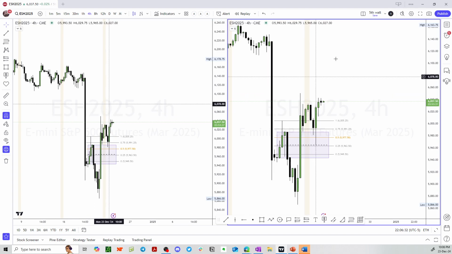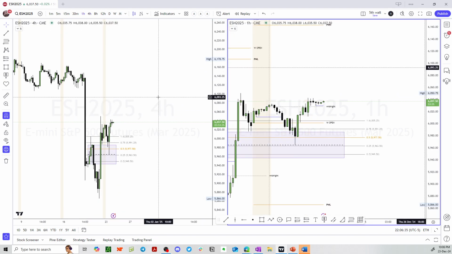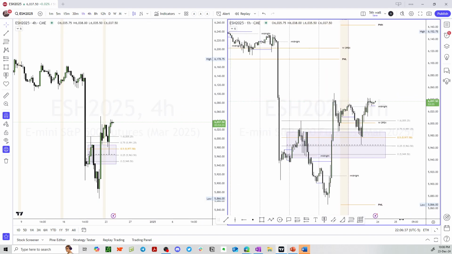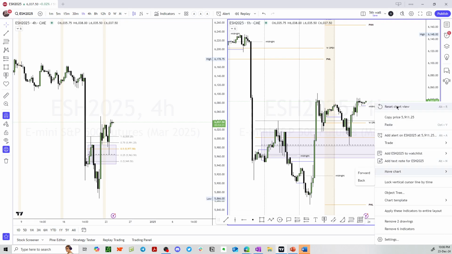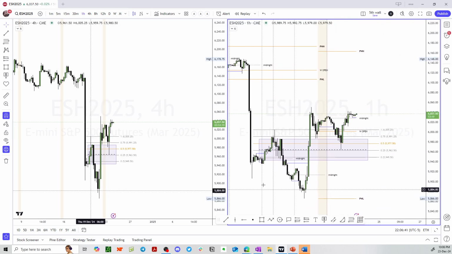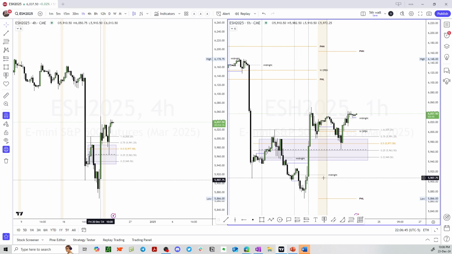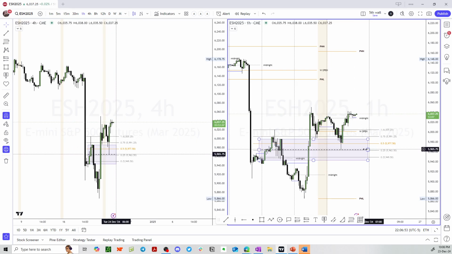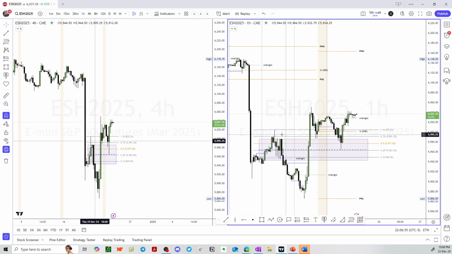All right, and change that to the 1 hour. Here we can see that price ran sell side liquidity, pushed higher, and traded back down into this breaker.